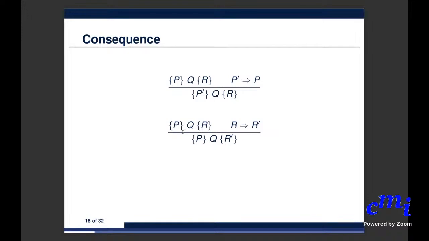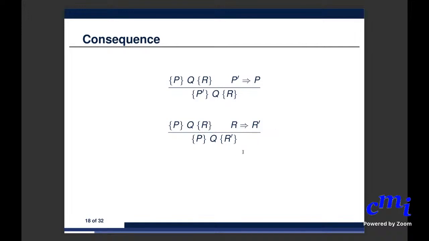Similarly, if you propagate in the forward direction, if you start from P and propagate to R, and your actual postcondition is R prime, which is different from R, and you're able to prove R implies R prime, then you get this.